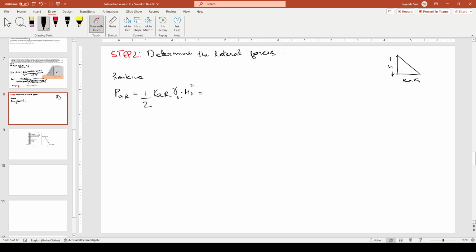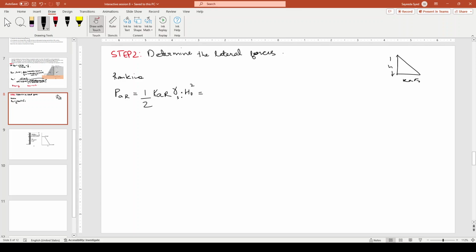Gamma saturated, I think, was given here, gamma saturated 18. This will be 1 over 2, 1 over 3, 18, 5 square.